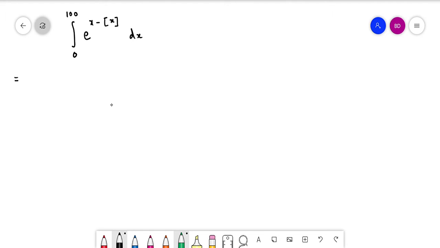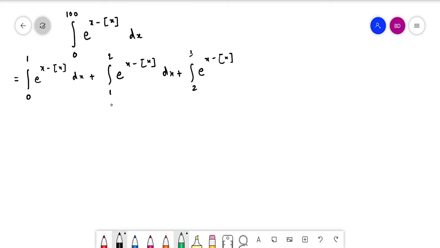So first, we will divide it into subintervals. So 0 to 1 of e to the power x minus floor x dx, 1 to 2 of e to the power x minus floor x dx, then 2 to 3 of e to the power x minus floor x dx, and so on, till the last one will be 99 to 100 of e to the power x minus floor x dx.